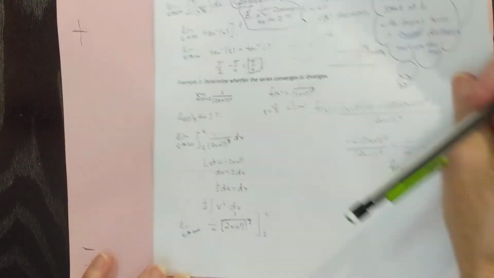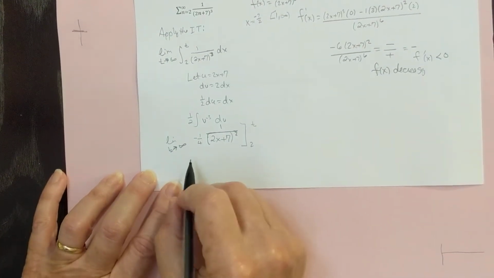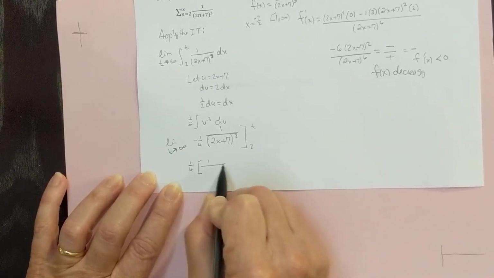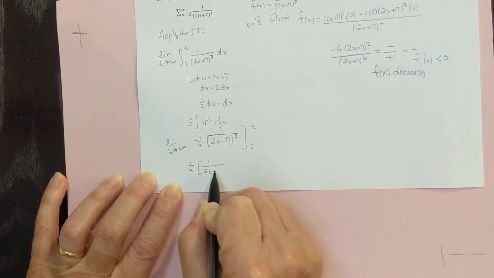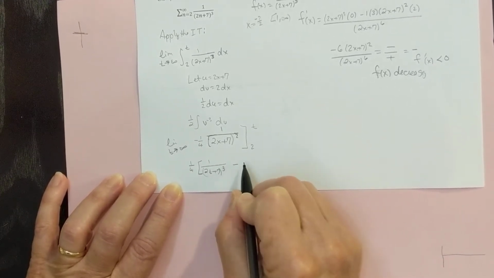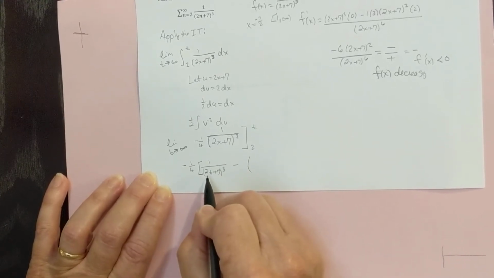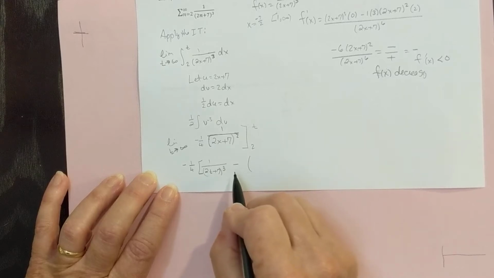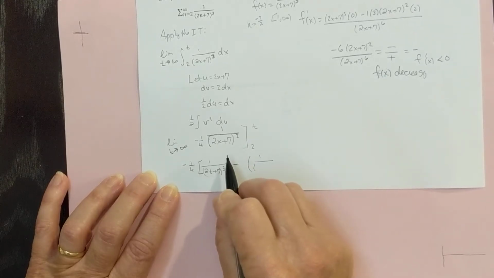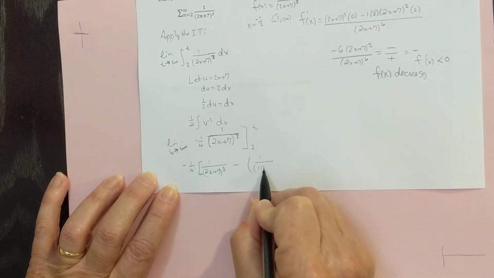All right, let's see what we get there. This will be negative 1/4 times 1 over (2t plus 7) squared, minus negative 1/4 times 1 over (2 times 2 is 4, plus 7 is 11) squared.